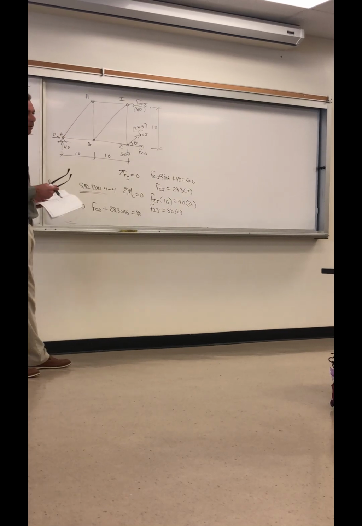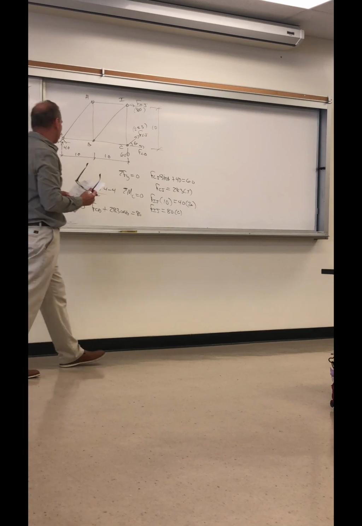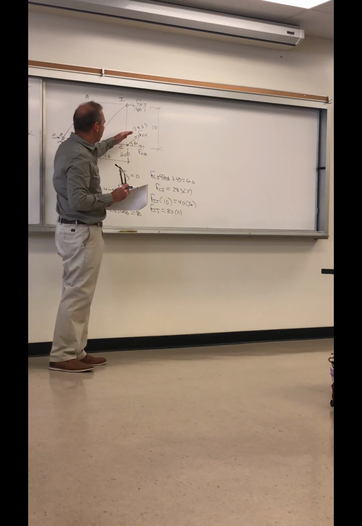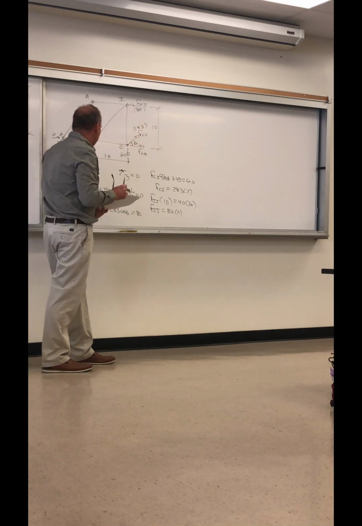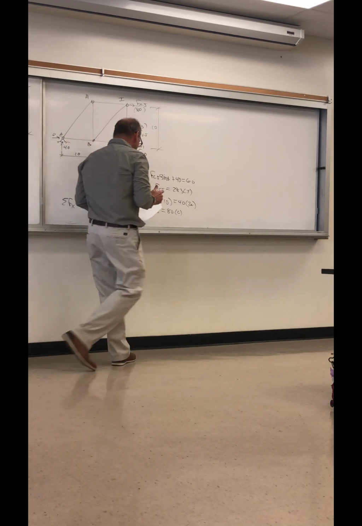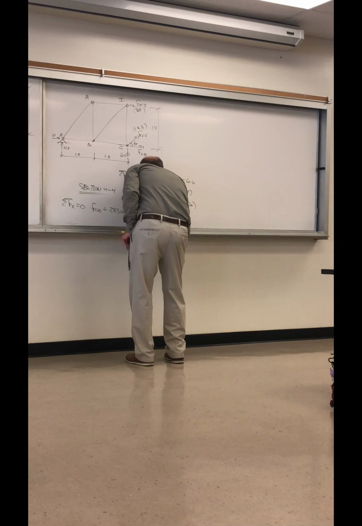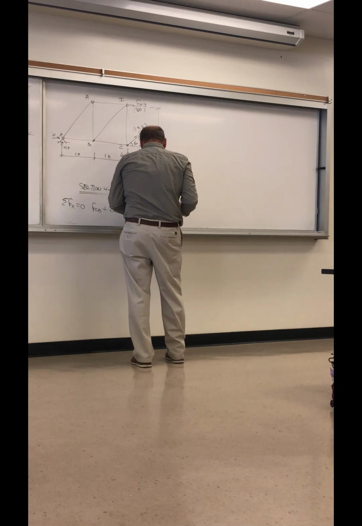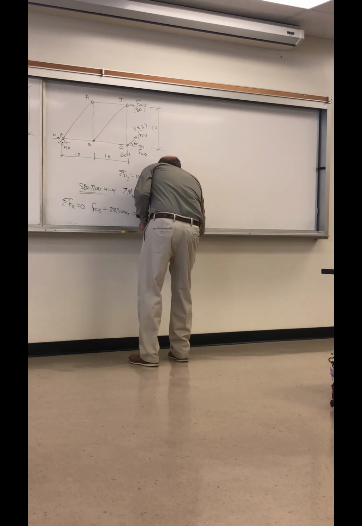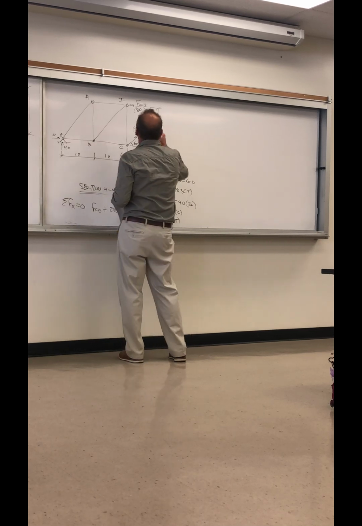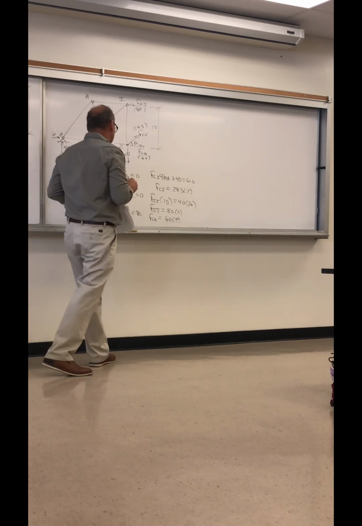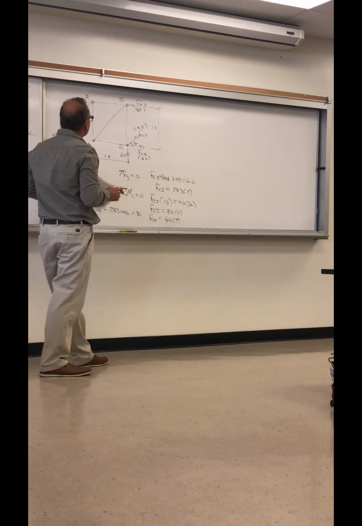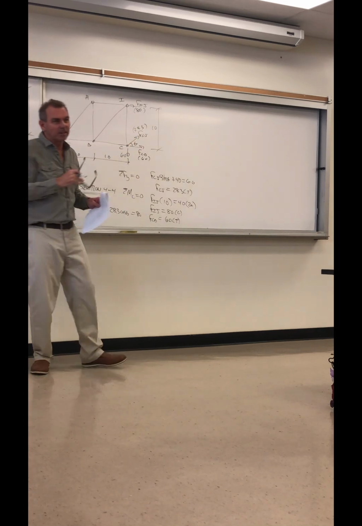We're including all the horizontal forces. So it's F of CD plus that horizontal component at 28.3 must equal 80. And then we get F of CD is equal to 60, tension. So that's it in a nutshell.